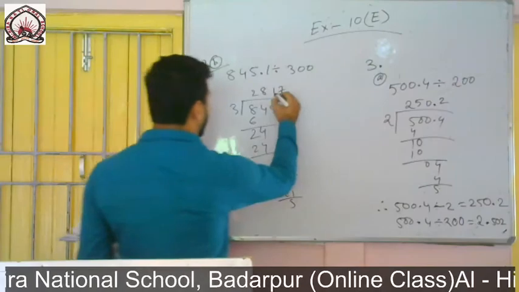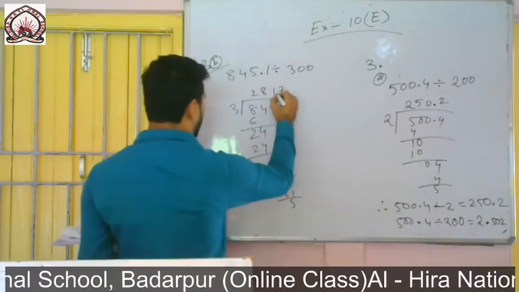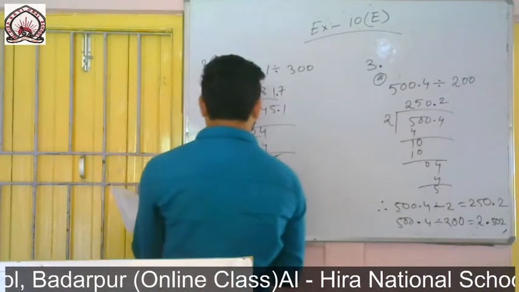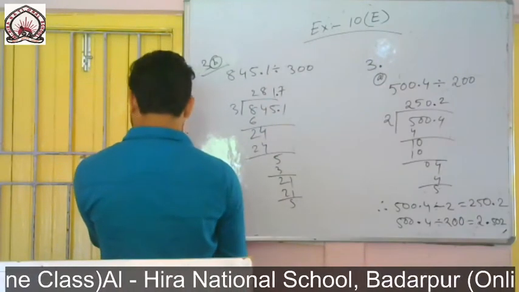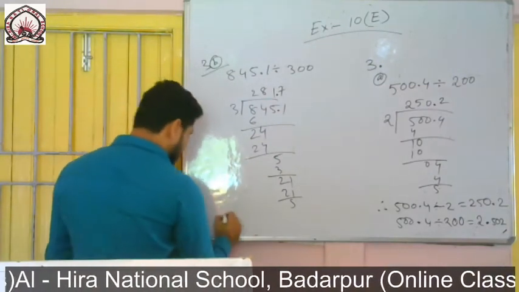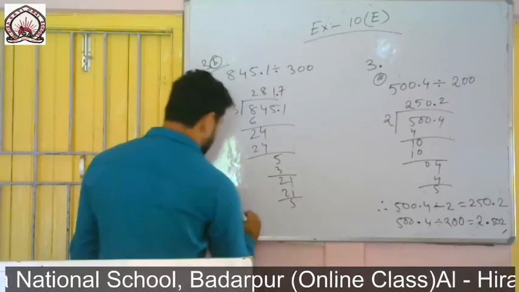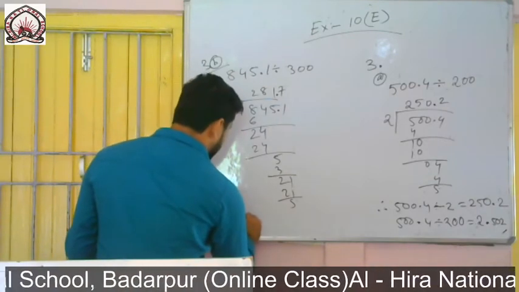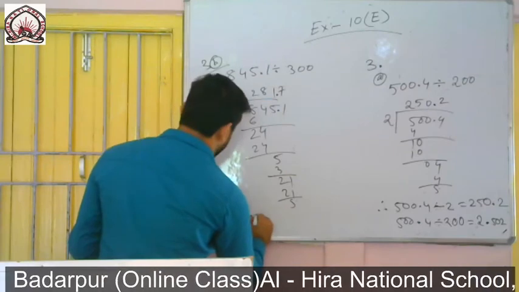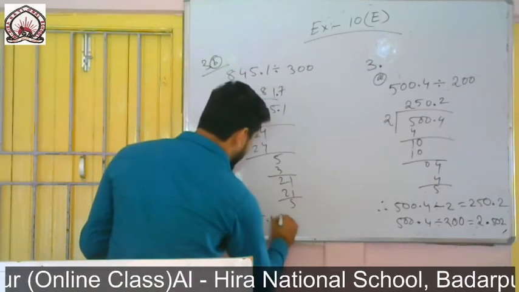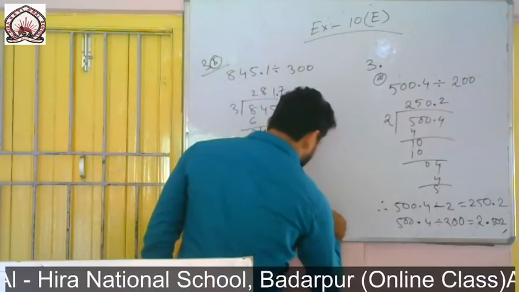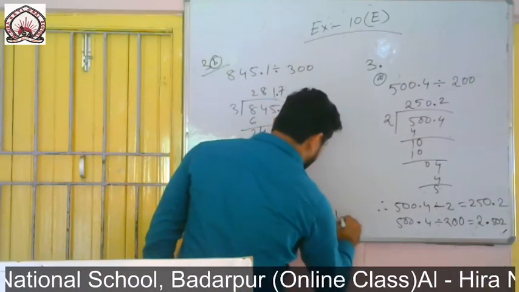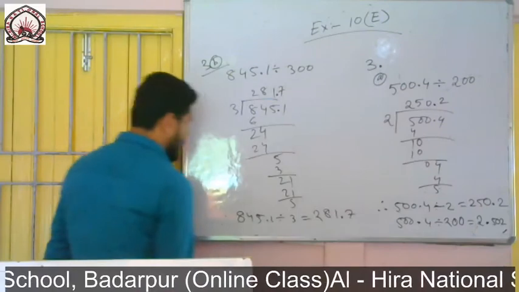So the point will come here. Therefore 845.1 divided by 3 will be 281.7.